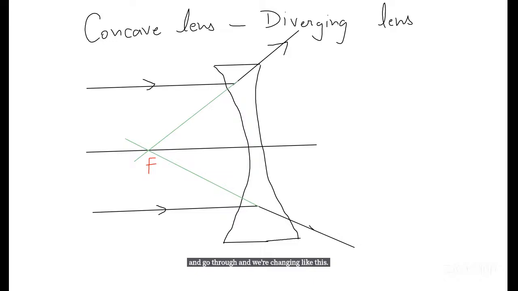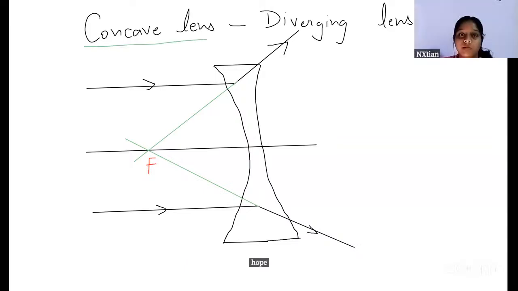And they are meeting at an imaginary point F. This is how refraction takes place in a concave lens. Hope this part is clear to you.